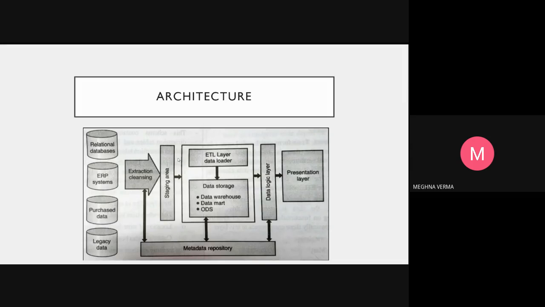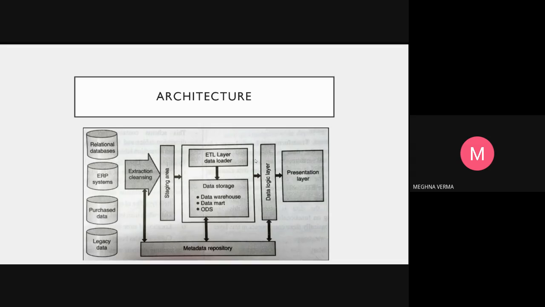The staging area is basically required because many types of data are present in it. It is a common area for all the data, due to which data processing and integration becomes easier. Next comes the ETL layer, or data loader. ETL is nothing but extraction, transform, and load.